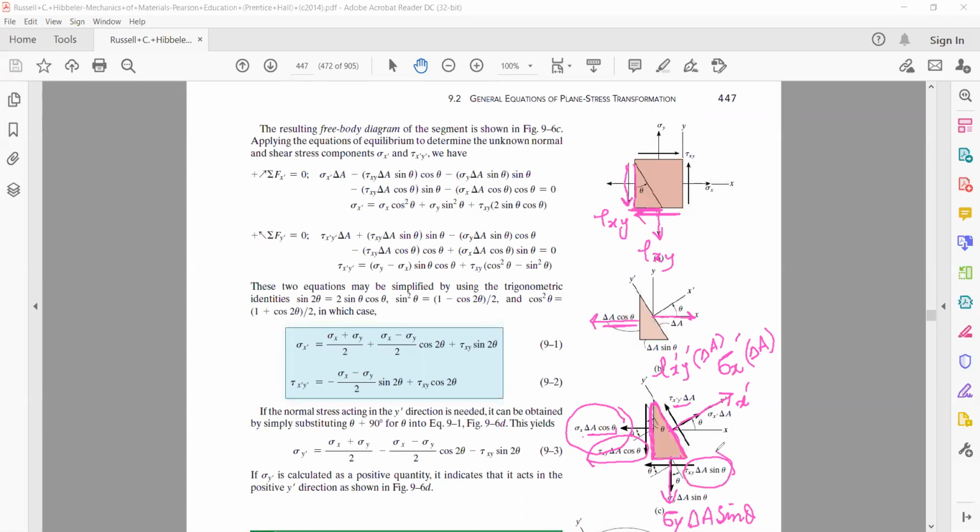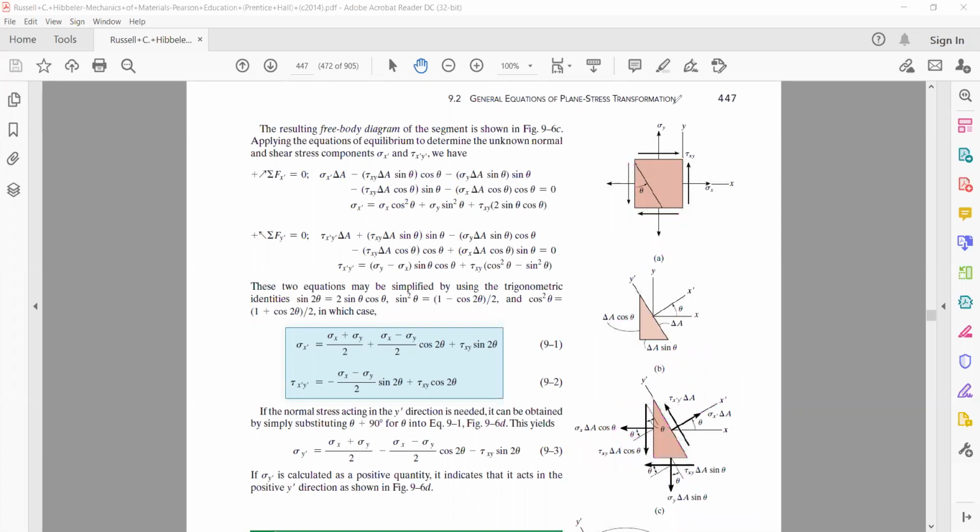So it means the overall stress element can now be written like this. Let me redraw this.